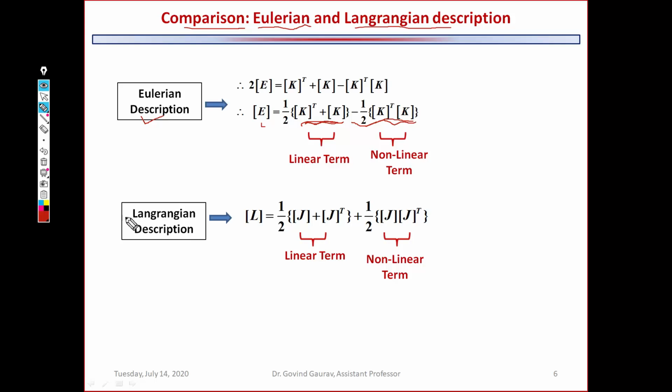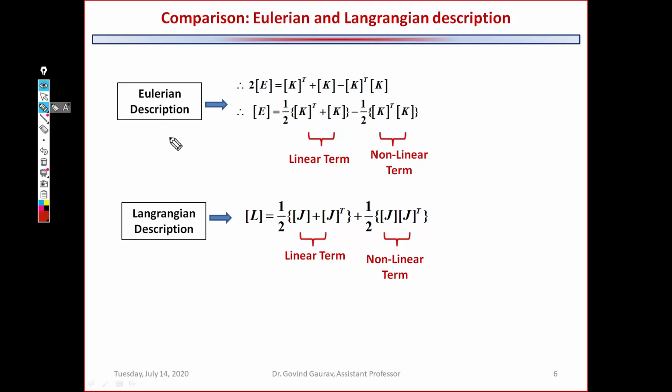If we compare it with the Lagrangian description, which is given by 1 by 2 J plus J transpose plus 1 by 2 multiplied by J into J transpose, J plus J transpose is the linear term, and J multiplied by J transpose is the non-linear term.